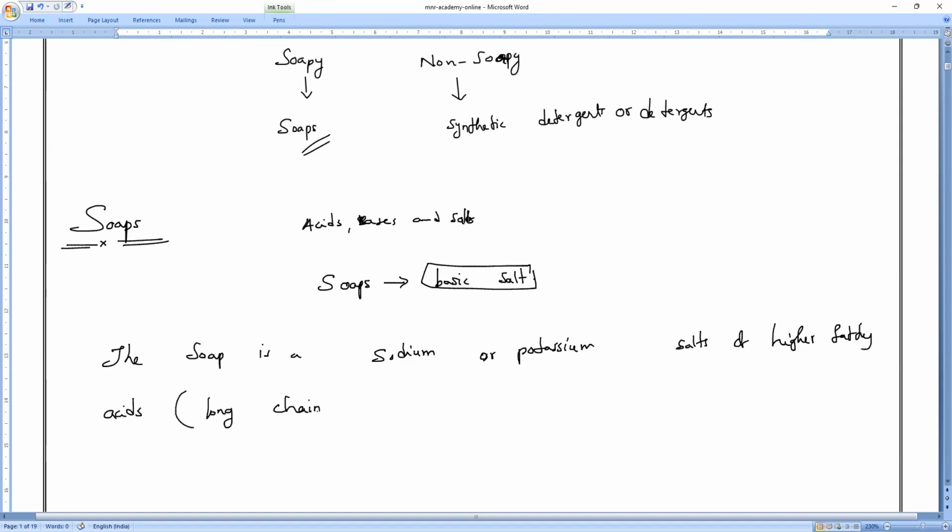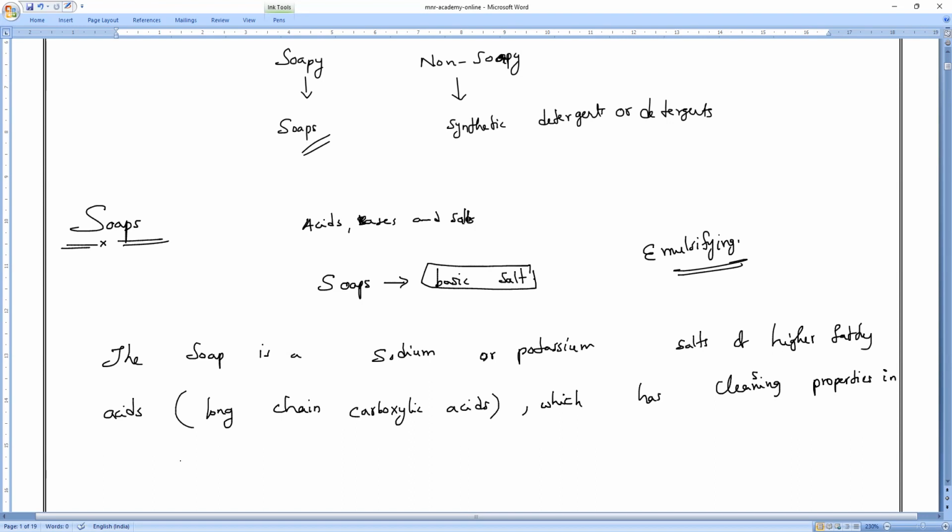We call it emulsifying. So long chain carboxylic acids, we can also say higher fatty acids, which have cleansing properties in water. So that is the meaning of soaps.